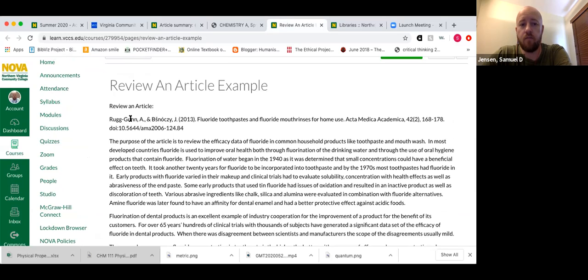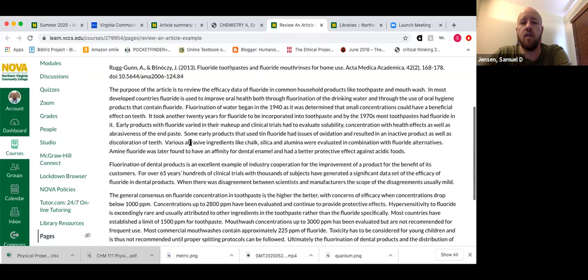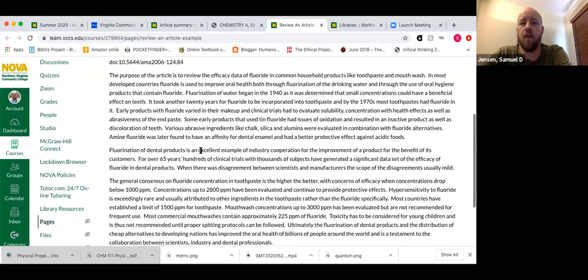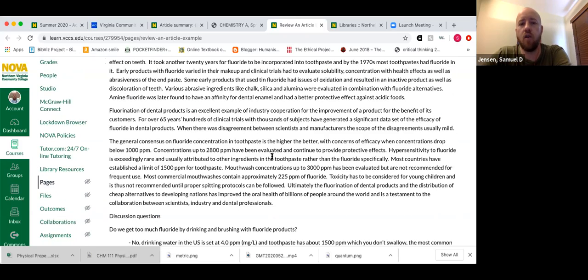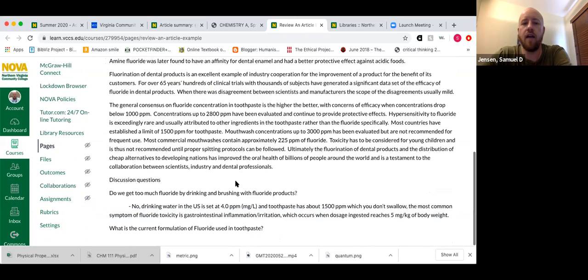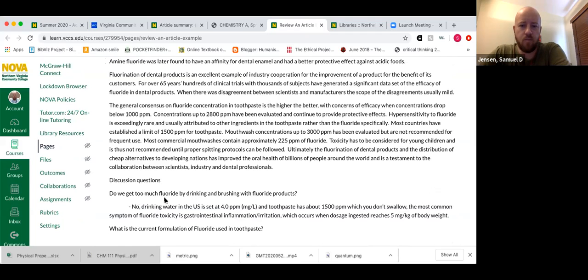So it's giving the citation, who the authors are, the title, the article summary, the article citation, and then going through what the background information is, what the purpose or problem is that they're trying to get at, and what they found. And then at the end, if we were going to talk about the article in class, what might you put forward as a question to help conversation?